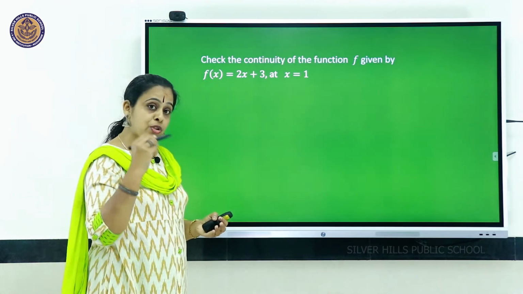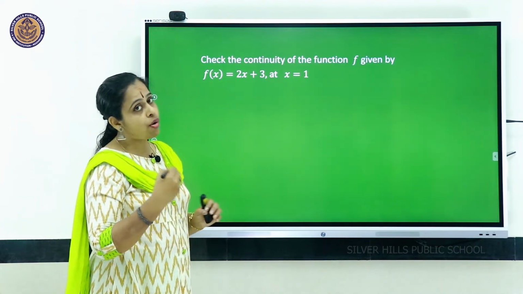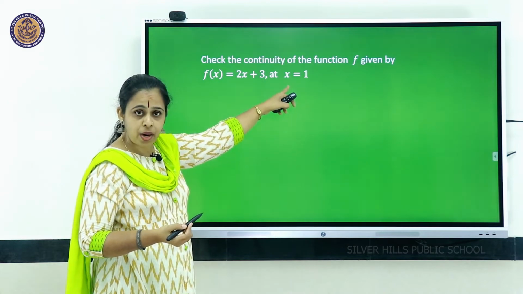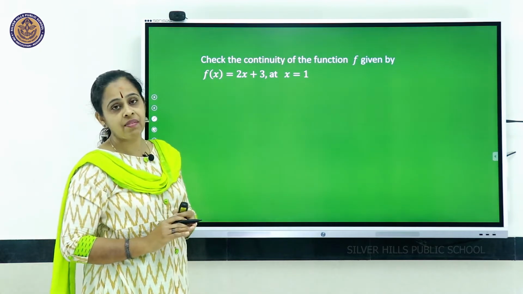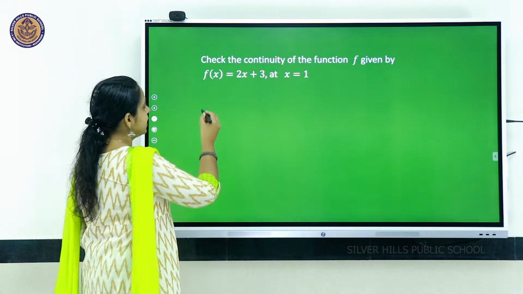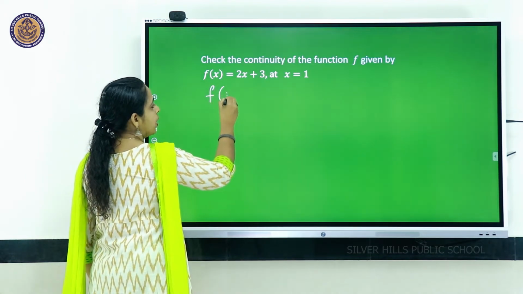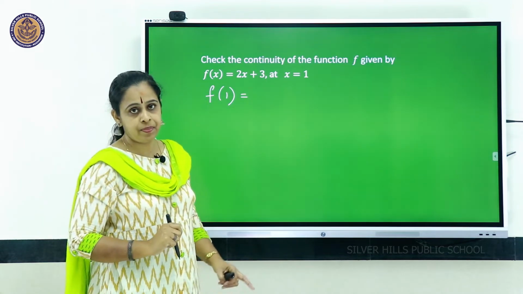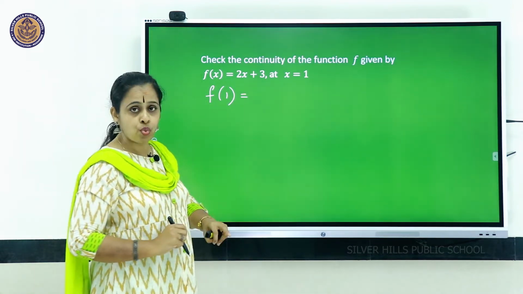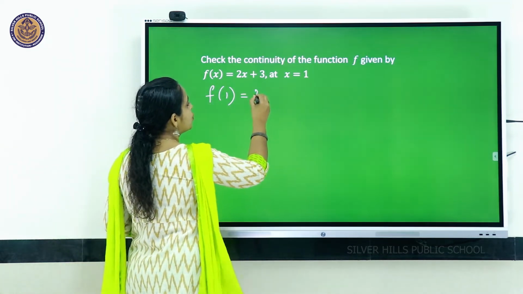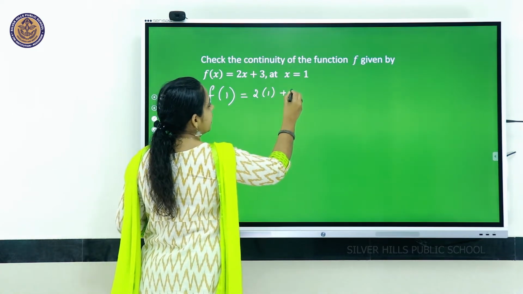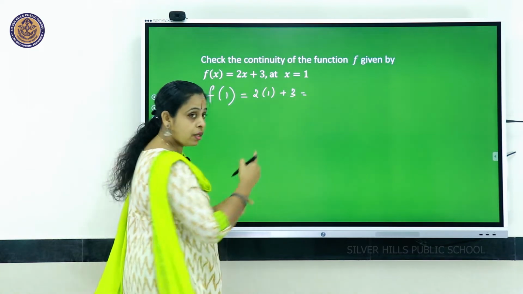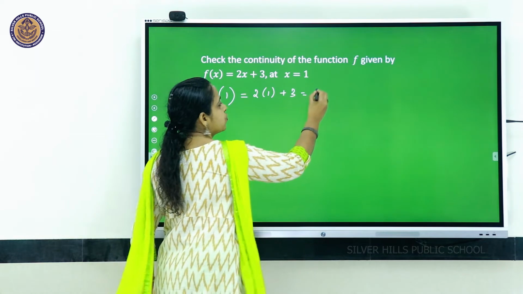So, if you approach through the left side or right side of x equal to 1, both ways it is having the same value. Let us see f of 1. Here our c is 1. We are giving x equal to 1. So, 2 into 1 plus 3. 2 into 1 is 2, plus 3 makes 5.